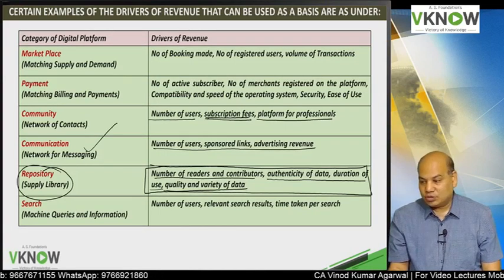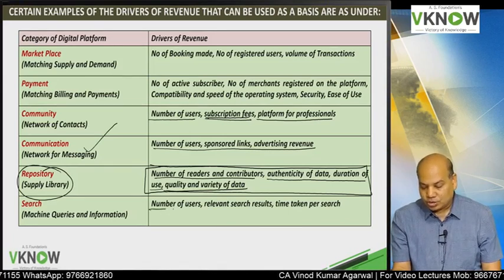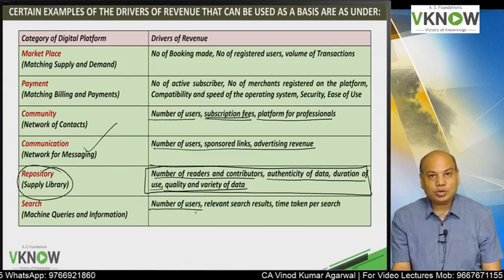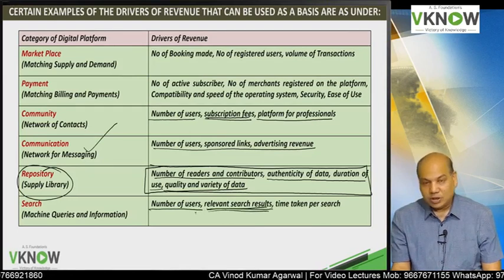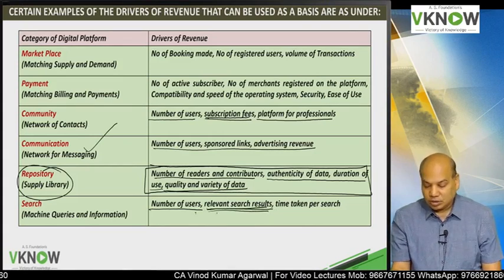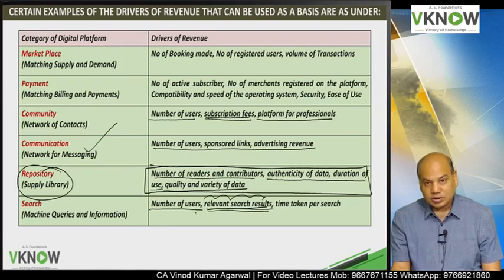And then search, machine queries and information. Google is one of the most highly used search engines. Crores of people use Google every day. And the popularity and valuation depend on the search results also, whether you are getting the right information.